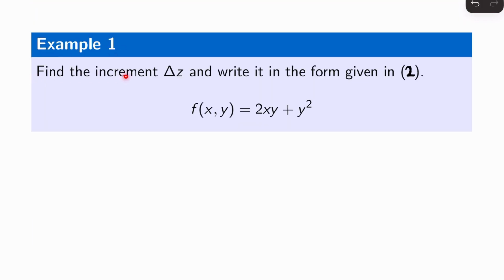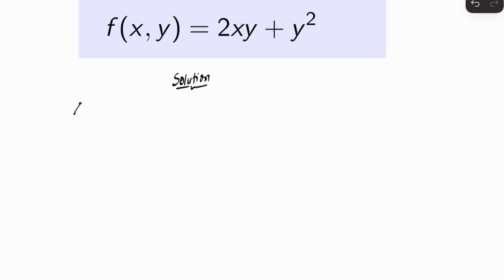Find the increment delta z and write it in the form given by equation 2, where f of (x, y) is defined to be 2xy plus y squared. Solution. Delta z is equal to f of (a plus delta x, b plus delta y) minus f of (a, b).